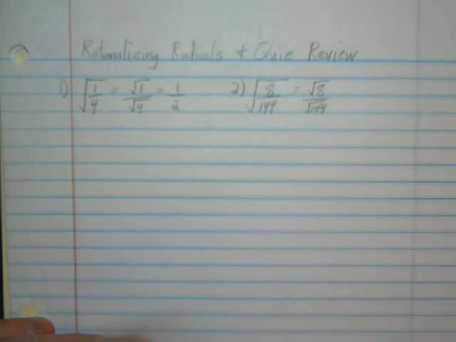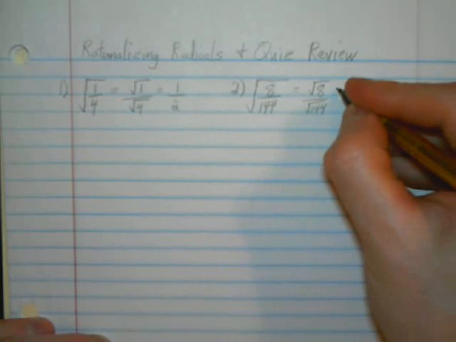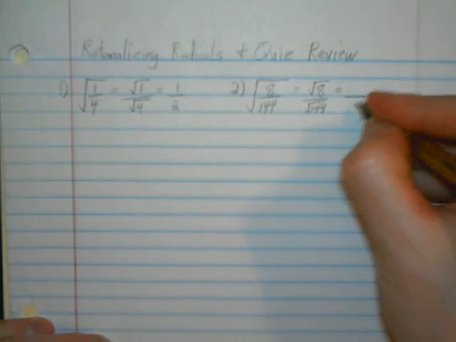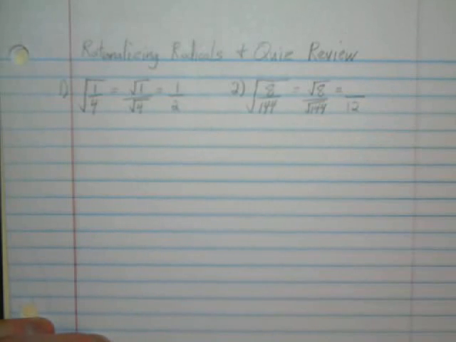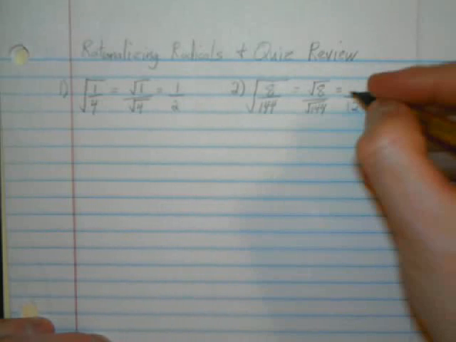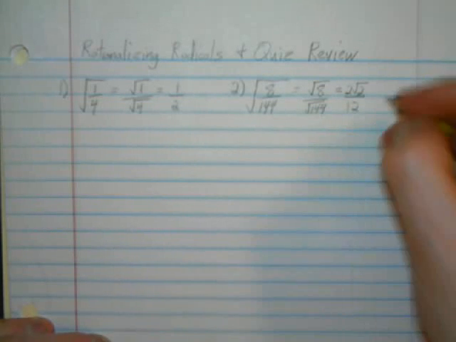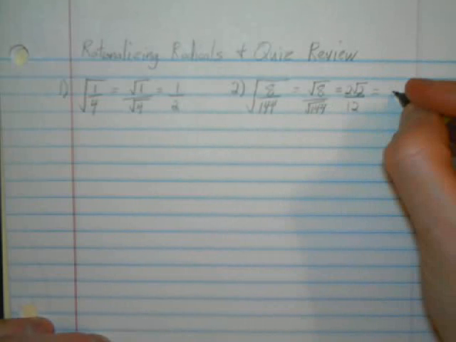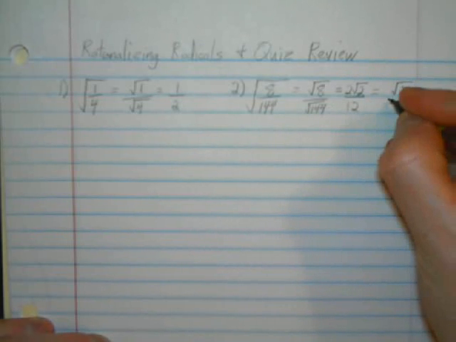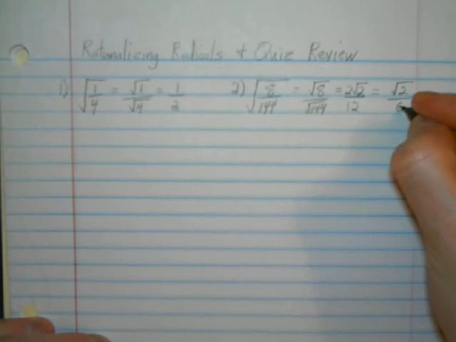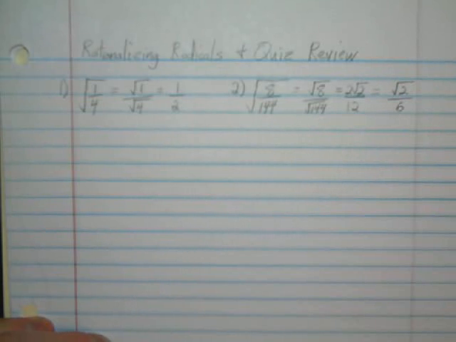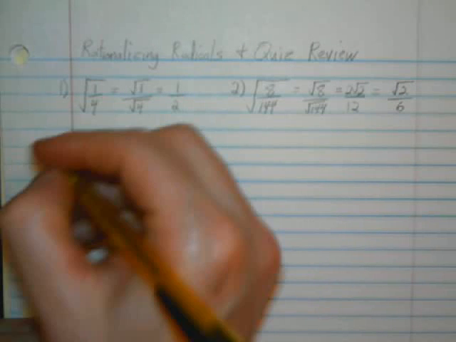I know that 144 is a perfect square, so 12 is going to end up in my denominator. Now the square root of 8 is going to be 2 times the square root of 2. My last step there is to reduce that. 2 divided by 12 is 1 over 6, and there's my final answer.